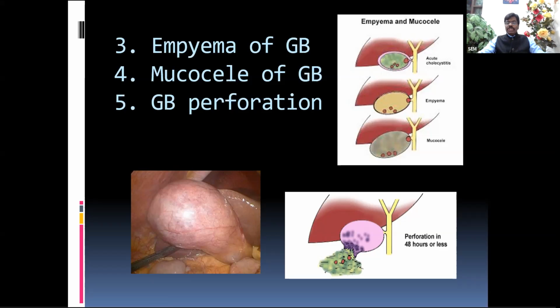What about the mucocele of the gallbladder? Here, only mucus secretion alone distends the gallbladder. Why does this happen? Very easy to understand. If you imagine the gallbladder getting stuck with a cystic duct, the bile gets absorbed over a period of time, and the bile from the bile duct goes straight through the common bile duct into the intestine.